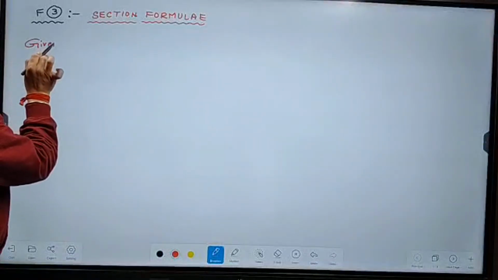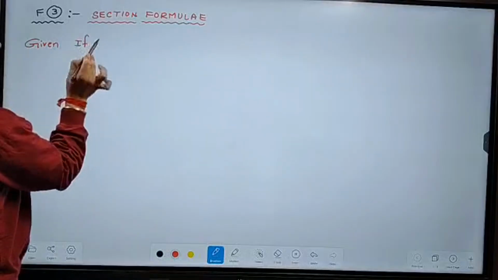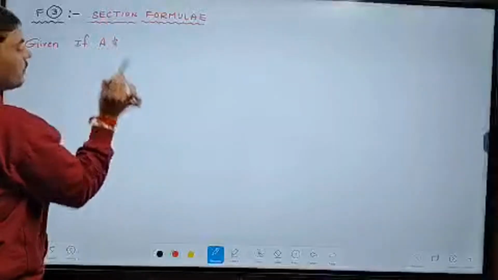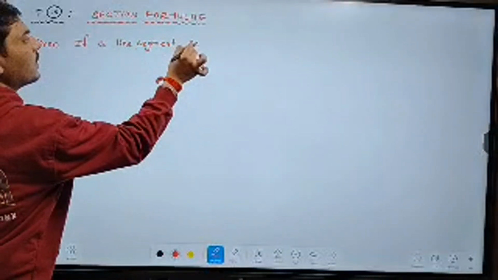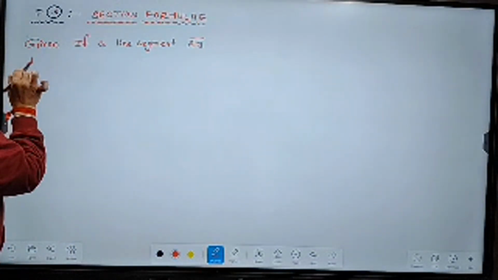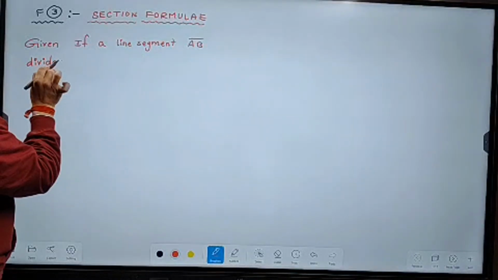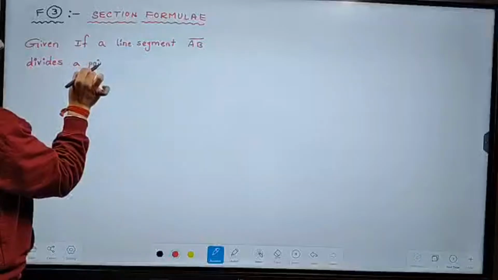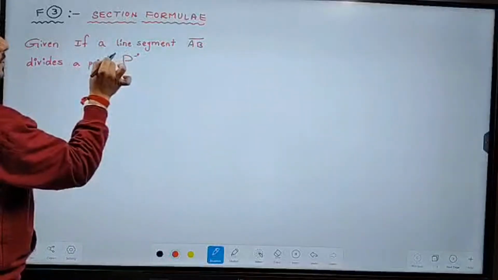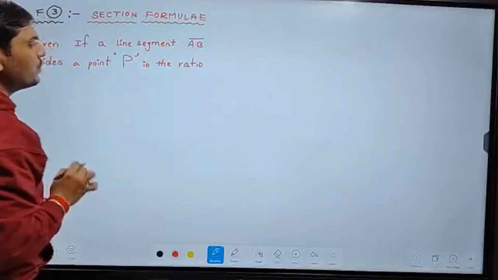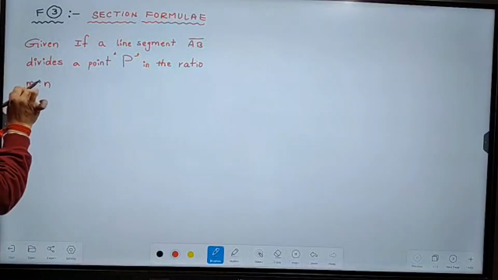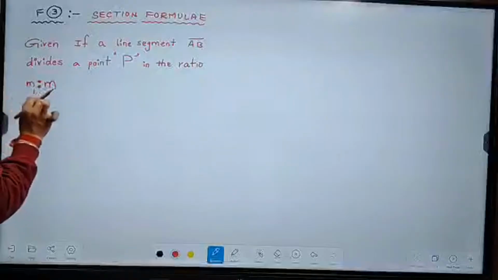Given information: if a line segment AB is divided by a point P in the ratio m is to n, or m1 is to m2.